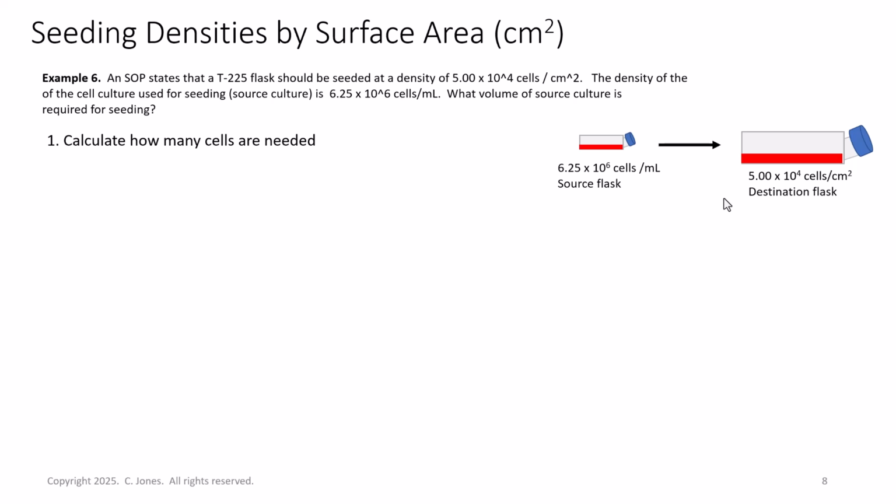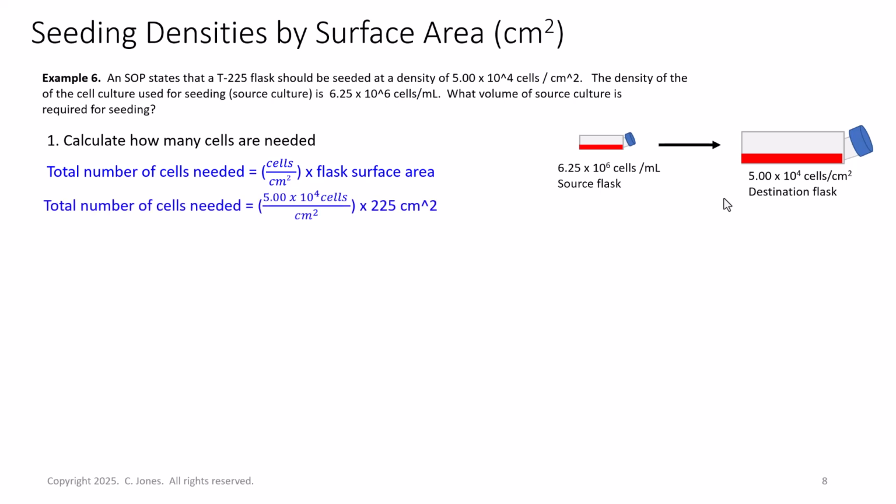Step 1, calculate how many cells are needed. So the total number of cells needed is the cells per centimeter squared times the surface area of the flask. Again, this is a T225, right? And we want 5.00 times 10 to the 4th cells per centimeter squared, or 1.125 times 10 to the 7th cells.